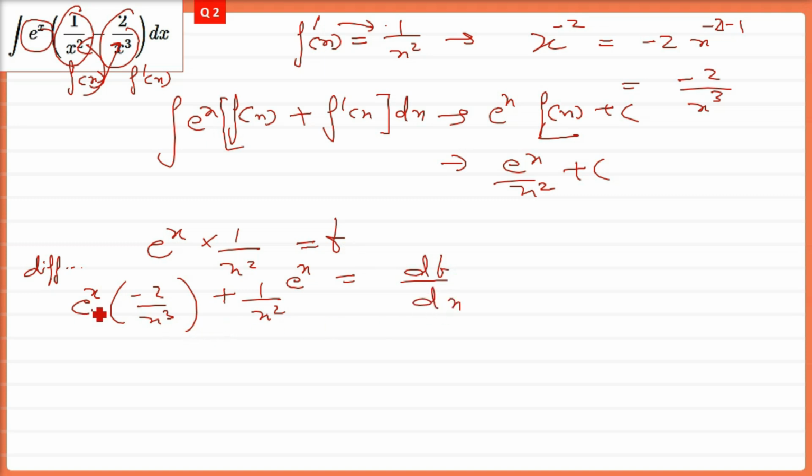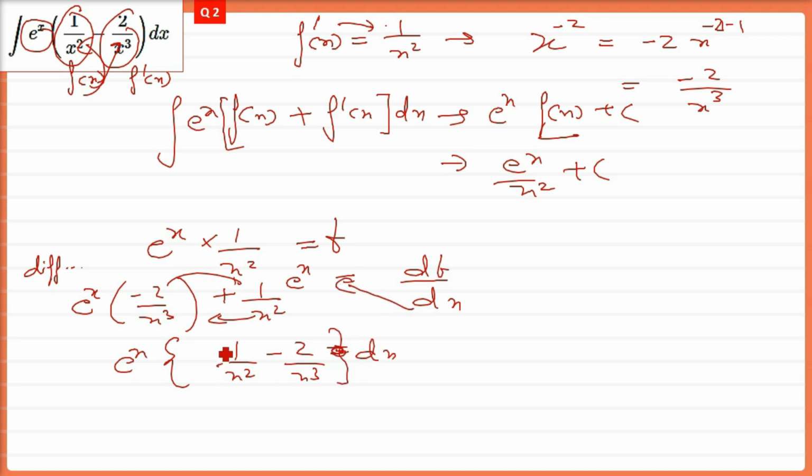Now I'll just rearrange them and take e raised x outside. So I'm just trying to make it look like the initial question. So e raised x I am taking outside, 1 by x square as first and negative 2 by x cube as the second one. And dx I am bringing on the left hand side and dt on the right hand side. Now let's integrate both the sides. First we have to differentiate, then we have to integrate.